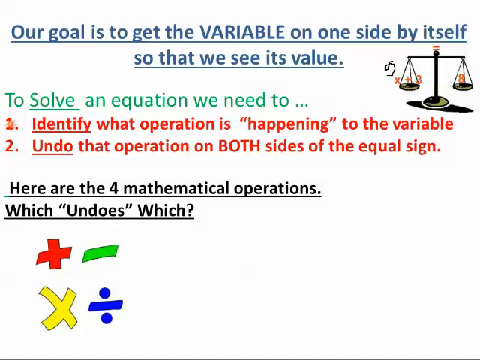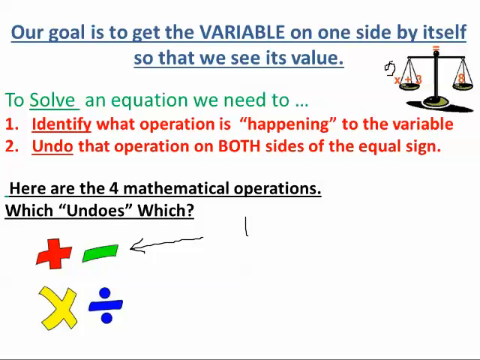So the first thing we did was identify what operation is happening to the variable. Operations are add, subtract, multiply, divide. Once we recognize that it's being added to, we need to think about how you undo addition. And if you think for a second, I think you will know that addition and subtraction will undo each other.